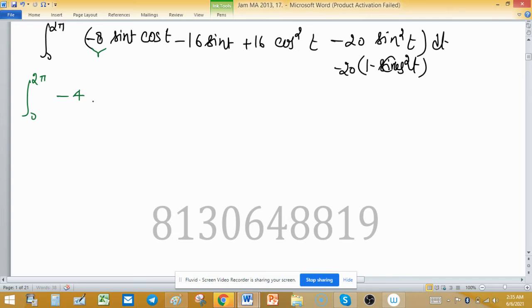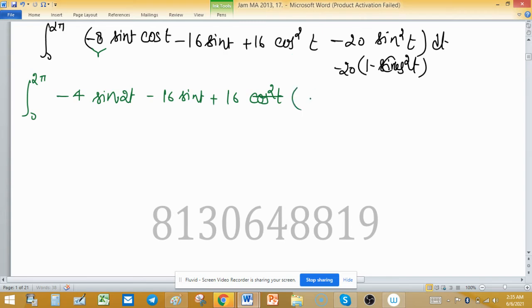Then minus 16 sin t, plus 16 cos squared t.